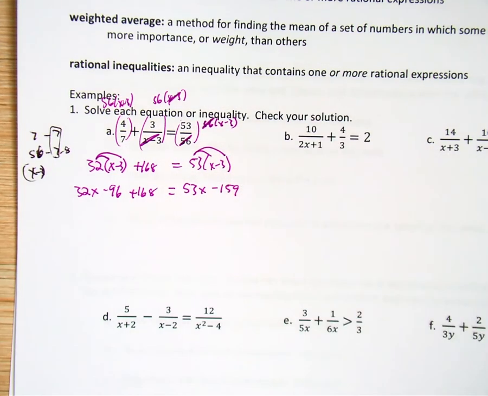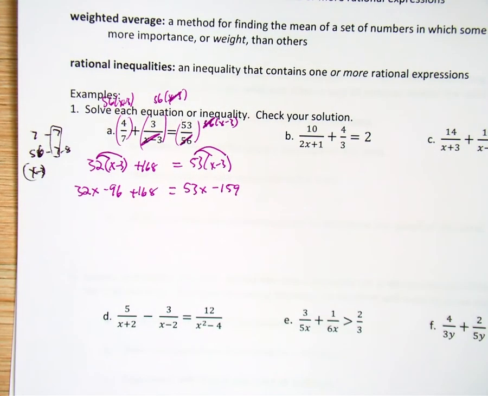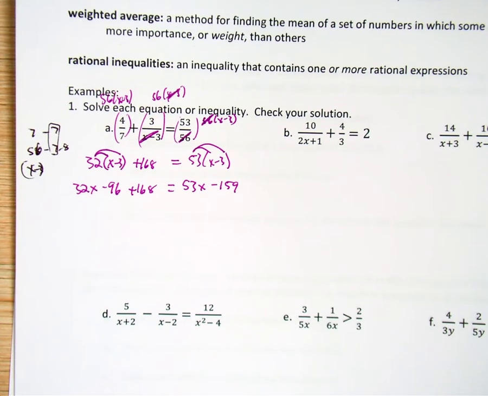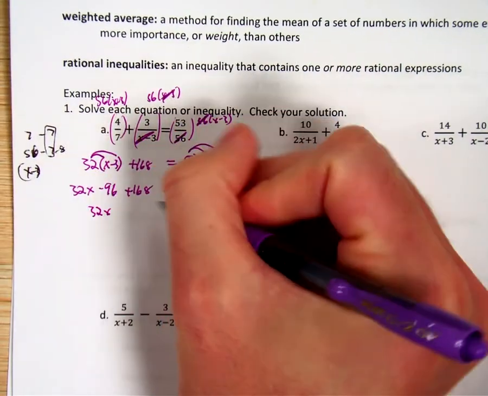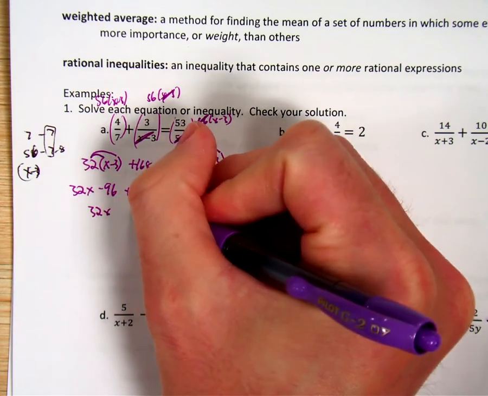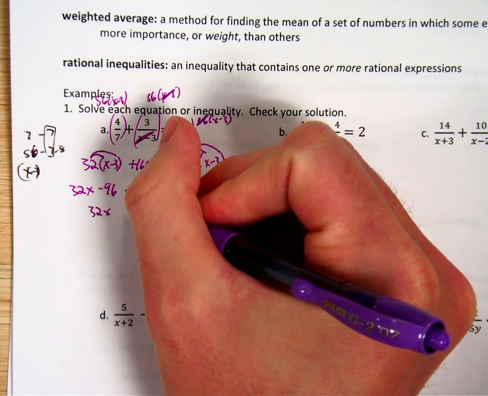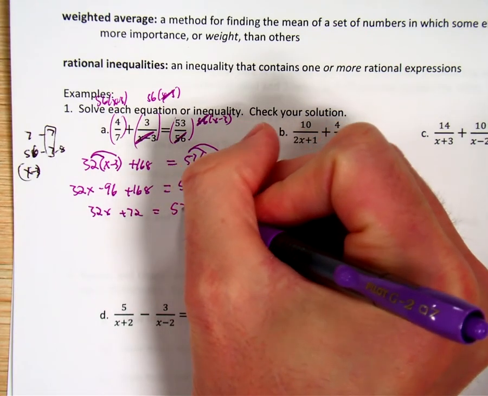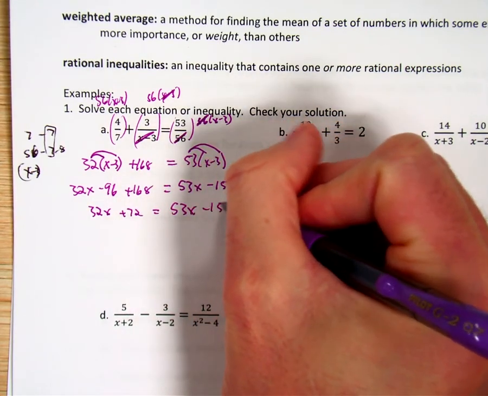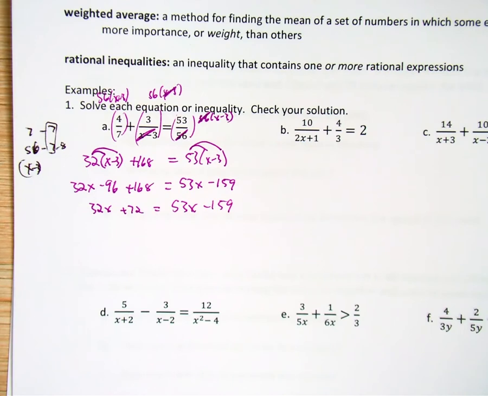All right, so we distributed all those. Now we're looking to combine. 32x, put those two together, plus 72, minus 159. All right, so now we've got choices.